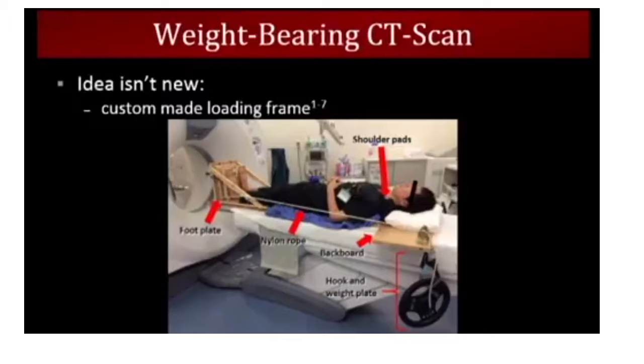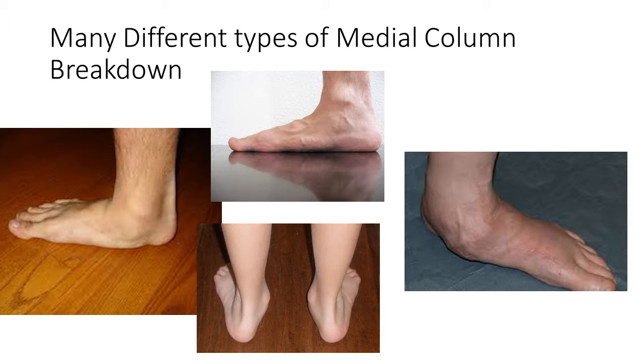I appreciate that these clinicians understood that weight bearing simulation was important to make an analysis of what actually happens in that circumstance. It's just that this seems to be inadequate. When we look at these images here, and you carefully look at each one of these pathologies, you can see right away that these are clearly different types of medial column breakdown.